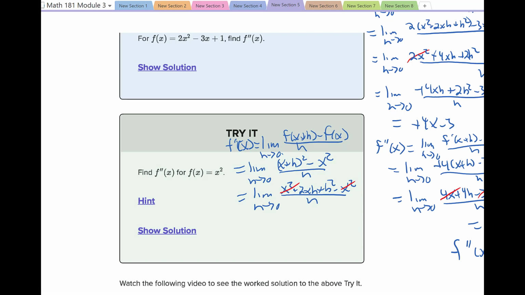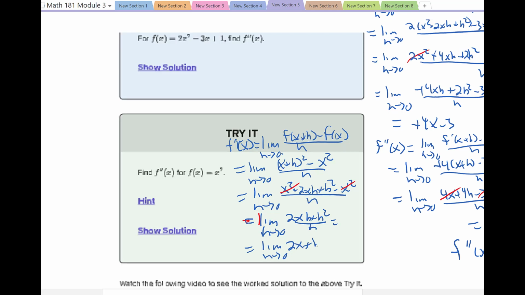This leaves us with the limit as h goes to 0 of 2xh plus h squared over h. Now everything has an h in it. The h is divided out, and it becomes the limit as h goes to 0 of 2x plus h. And as h goes to 0, we have 2x.